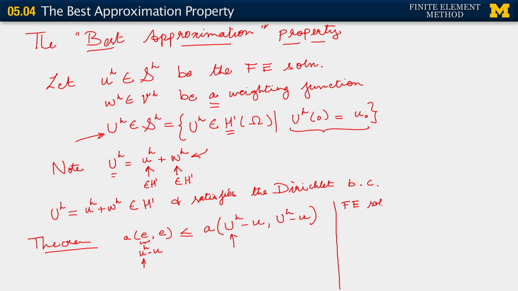Okay, so what we are saying here is that the finite element solution minimizes the energy norm of UH minus U over all members UH belonging to SH.